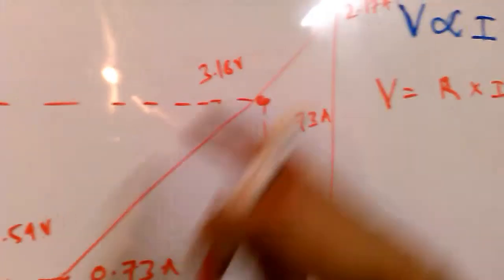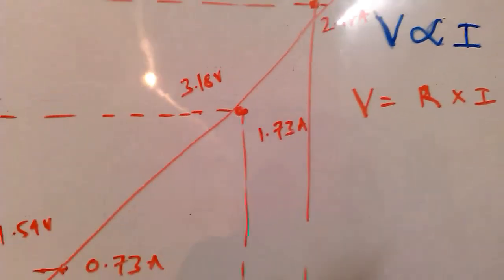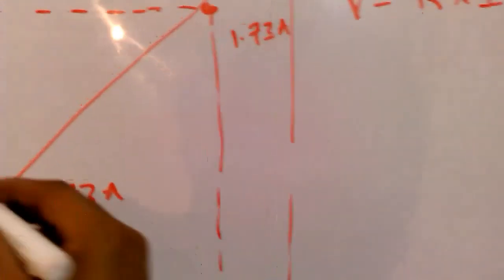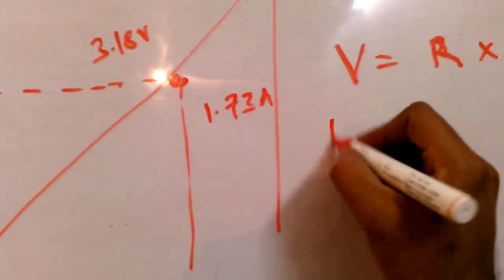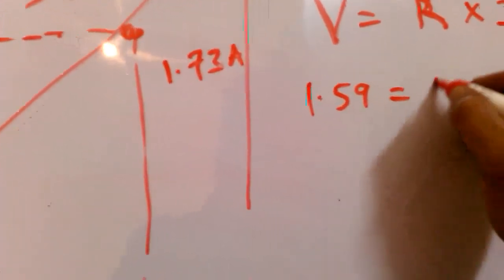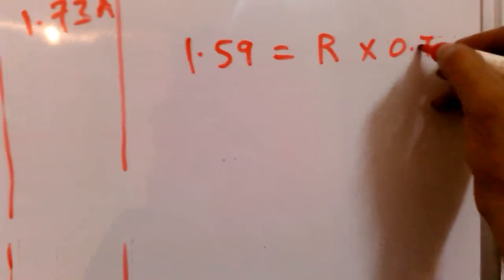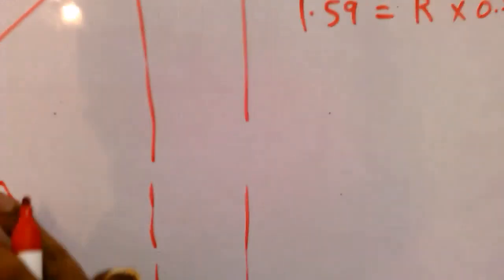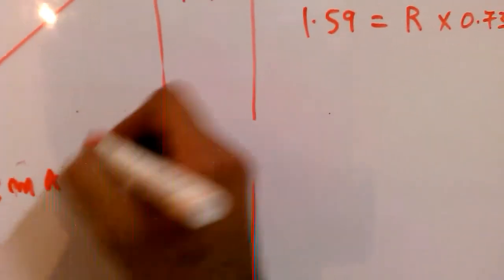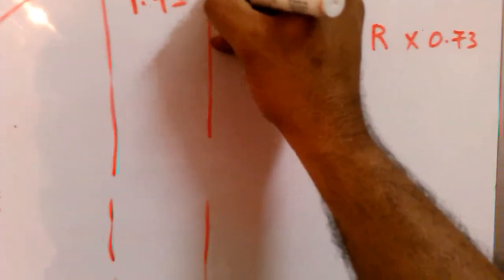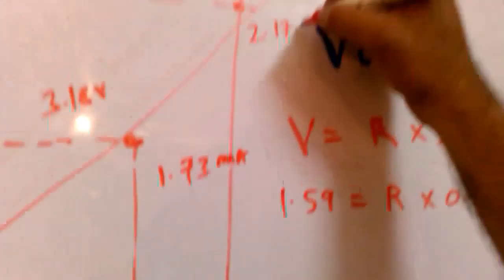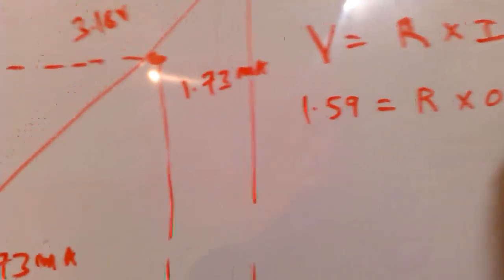Now using these calculations, we will find out the resistance. For example, in this case, 1.59 volts, 1.59 is equal to R into current, which is 0.73 milliamps. Sorry, this is not amps, milliamps.